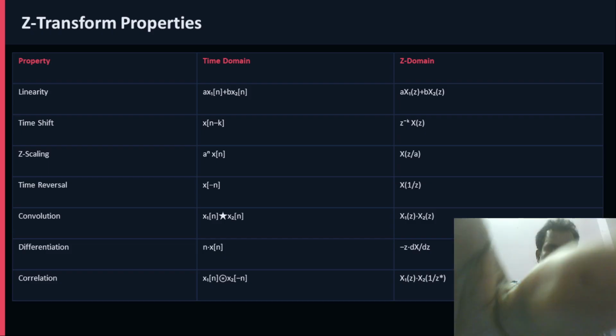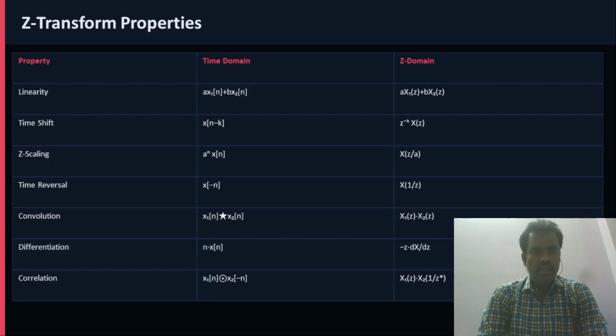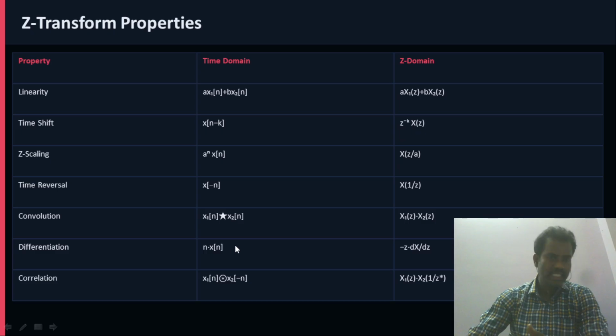Time shifting property: if we shift the signal in one domain, the spectrum will be multiplied by the kernel. Here the kernel is Z power minus n. So for x of n minus k, as n is shifted by k, x of z is multiplied by Z power minus k, giving Z power minus k into x of z.